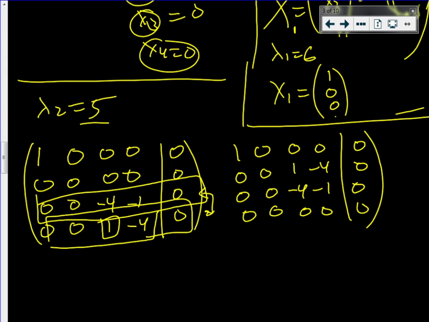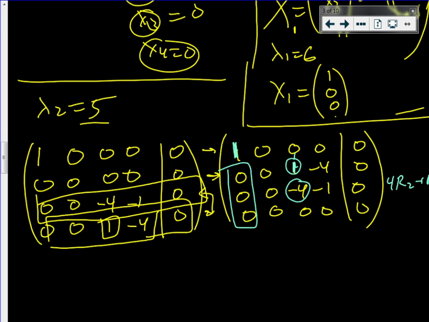Why did I do this? Because the first row has its leading non-zero entry right here. The second row has it right here. And when it came to the first one, everything else was 0 above and below. But when it comes to the second one, I have that negative 4. I'd rather deal with 1 to kill off the 4. I'll just multiply row 2 by 4. That'll put a 4 there.